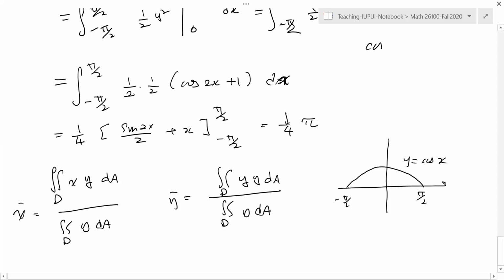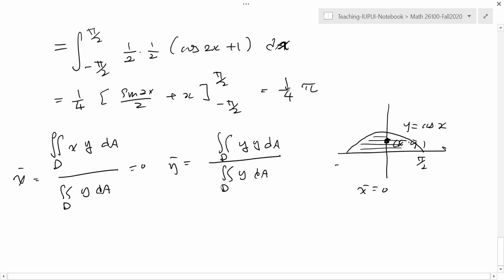Now, clearly x bar must be 0 because the density function changes vertically, not horizontally. So the right hand side and left hand side of this region have the same density function. So the center must be on the y-axis, somewhere here. So x bar must be 0. I don't even waste time to evaluate it, but we can double check that.